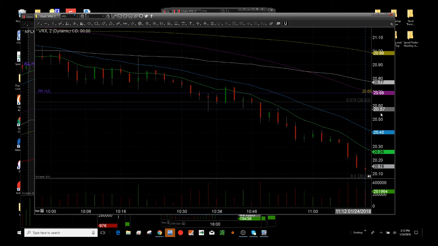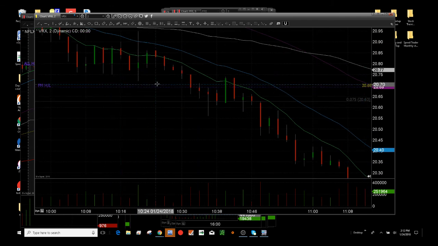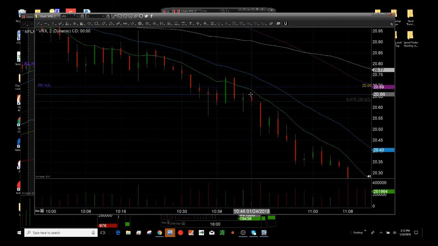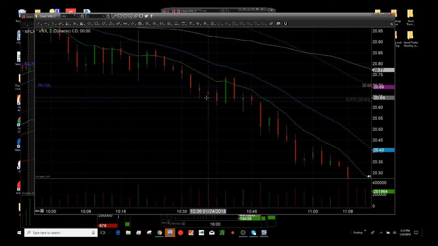And this is actually a pretty good setup because you do have price action below the pre-market low. Then you have a retest, and then as it begins to fail, you get short. And I really am trying hard not to get into these trades on the first break of it.